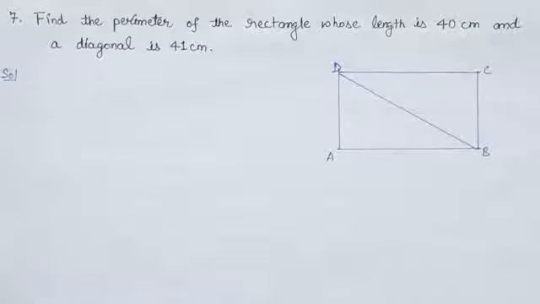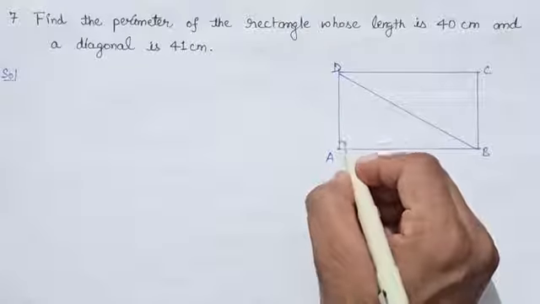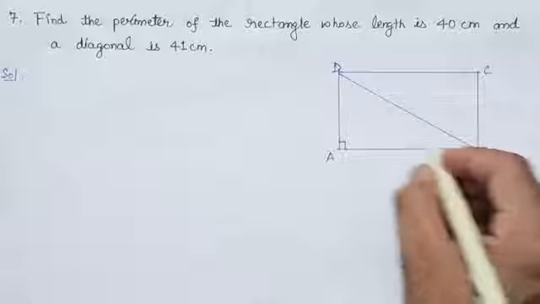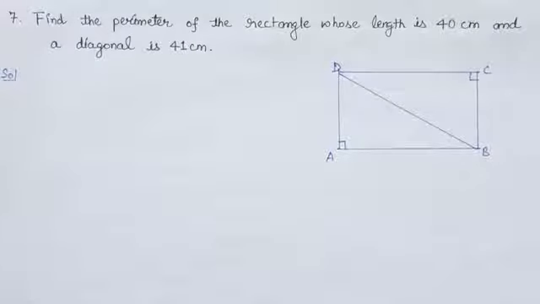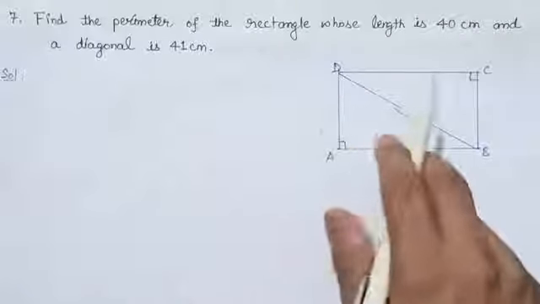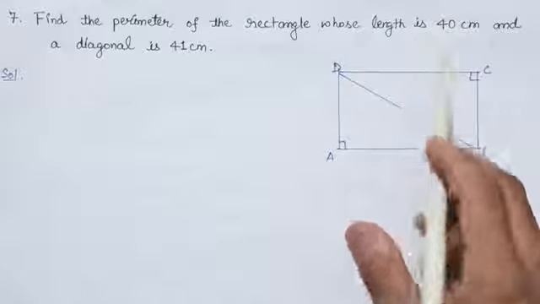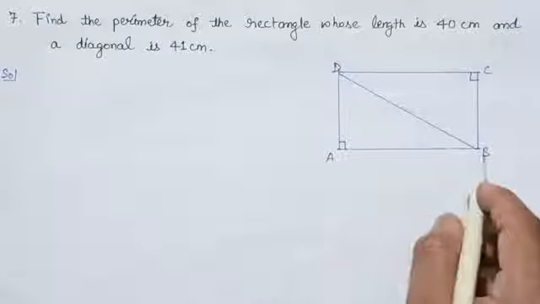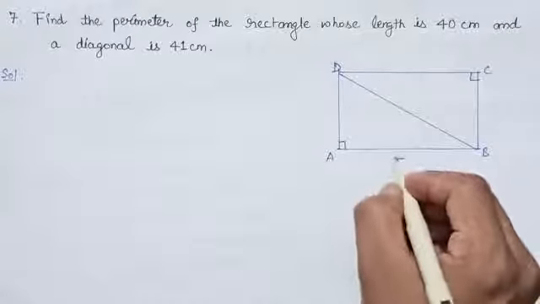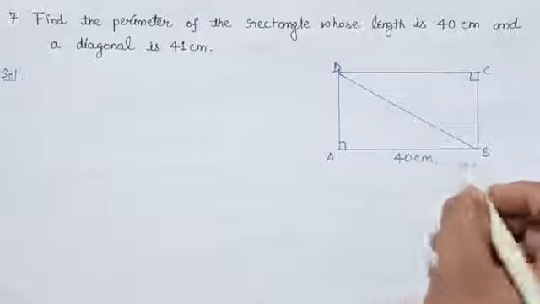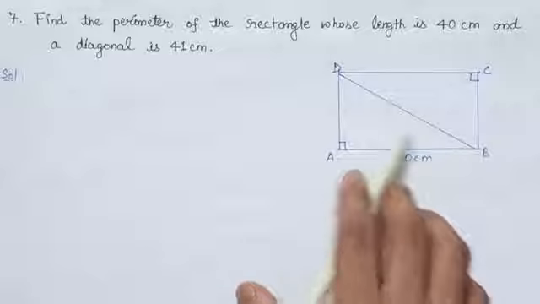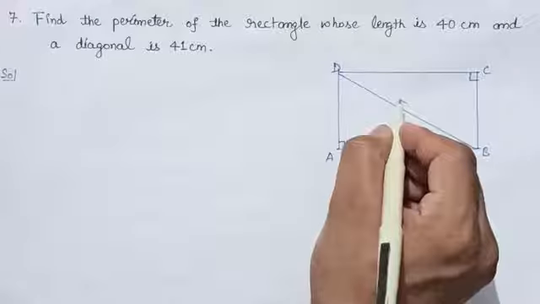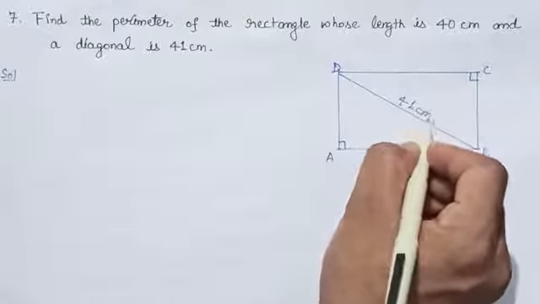Now students, you know that every angle in a rectangle is equal to 90 degrees. According to the question, the length of the rectangle, AB, is given as 40 centimeters. And the diagonal BD is given as 41 centimeters.